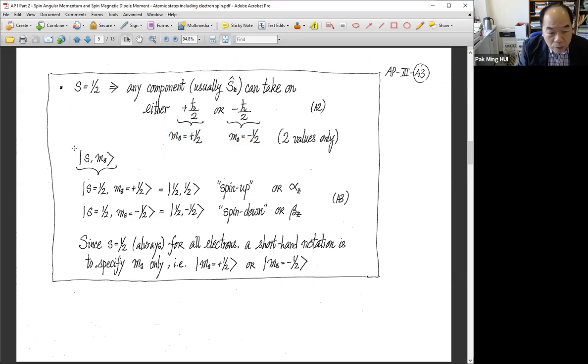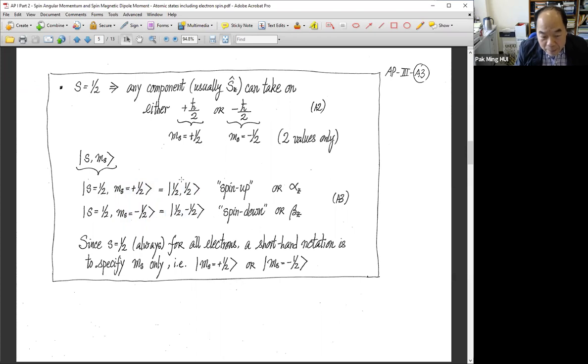Therefore, you will always see this kind of notation, and you used that in your previous term for the spin description. We can use s and m_s formally to describe this state. For example, the electron always has s equals half, and then m_s could be plus or minus half, or in short notation, it can be something like that, okay?